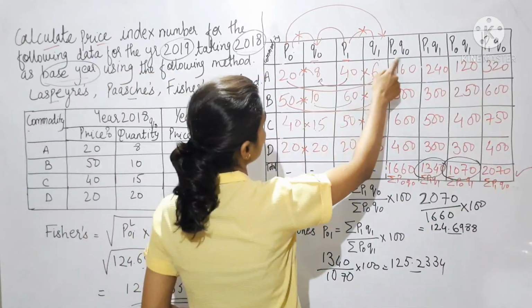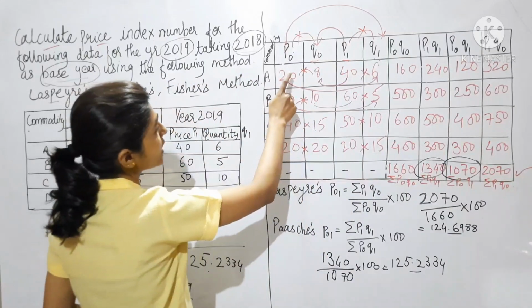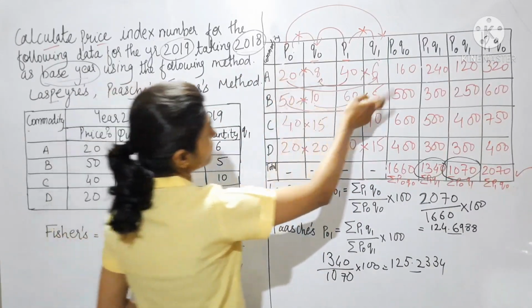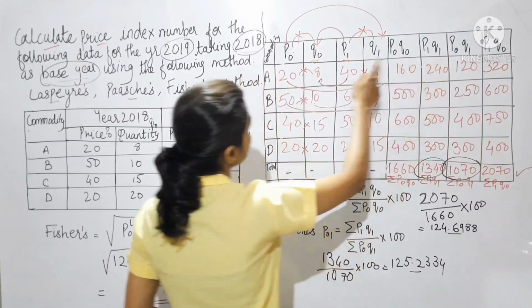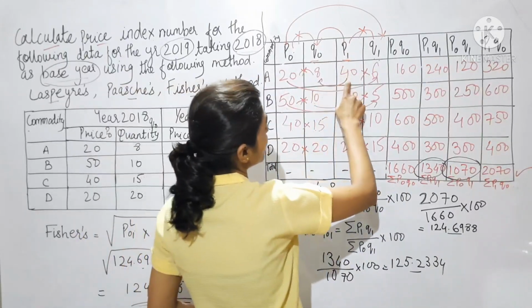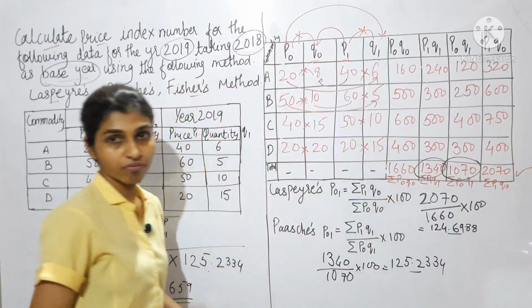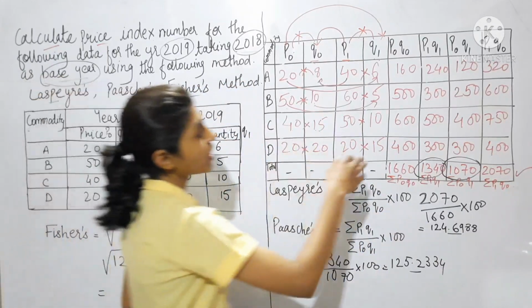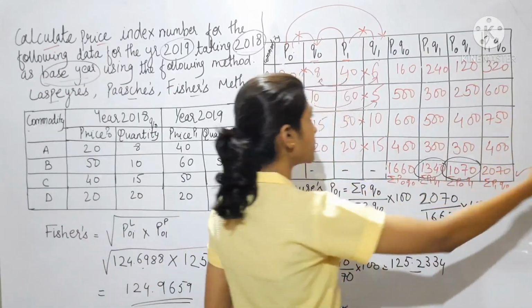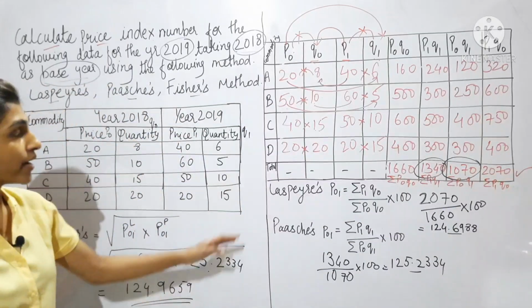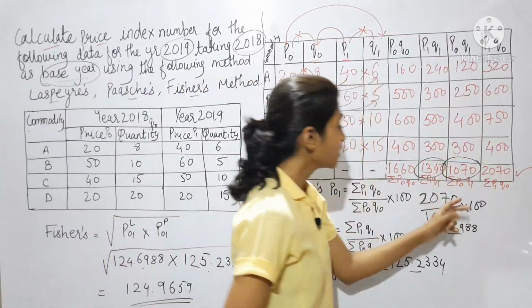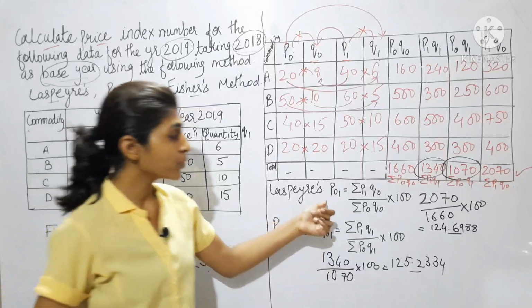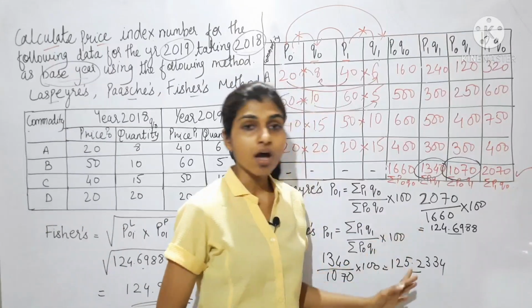P0 Q0 means you multiply the P0 and Q0 values. P1 Q1 means you multiply the P1 and Q1 values. Same for P0 Q1 and P1 Q0. Then whatever totals you get, as per the formula, put the values and find the answer.